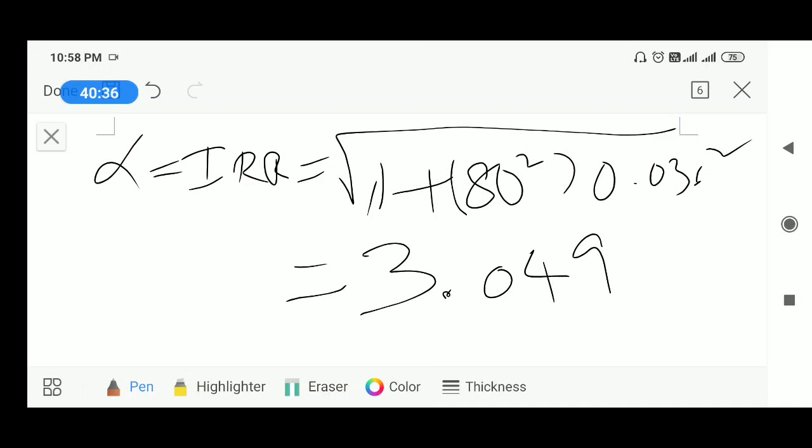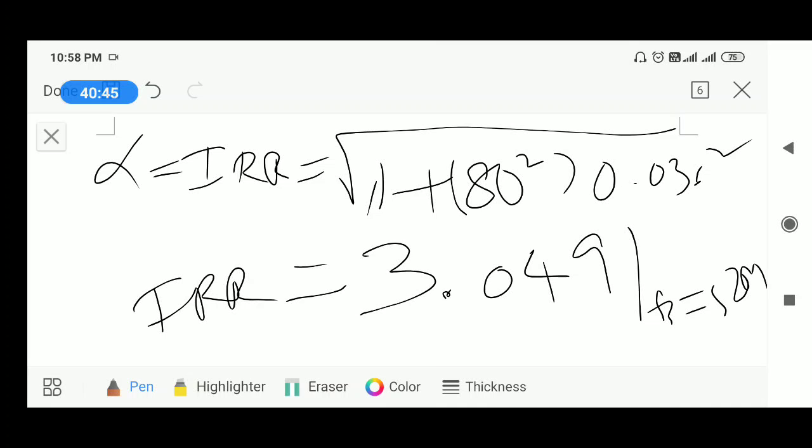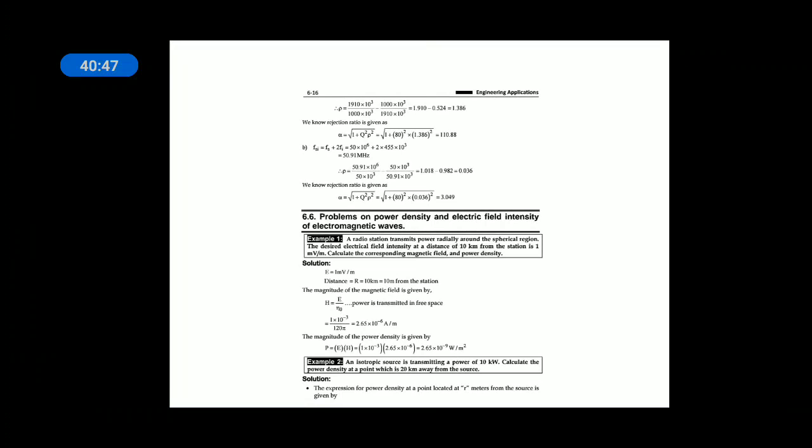This is the image frequency rejection ratio for case 2, when Fs is equal to 50 MHz. In this way we can solve problems on image frequency and its rejection ratio.